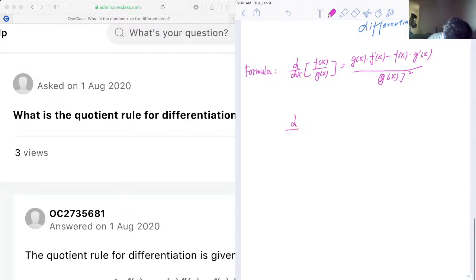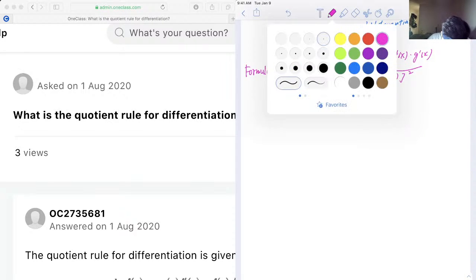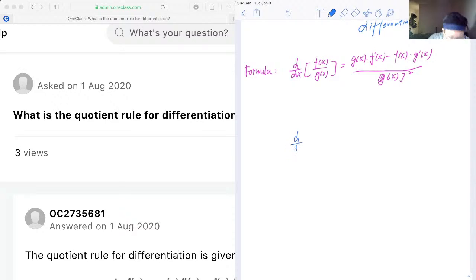So d dx of e to the x over x squared. So we need to find the derivative of e to the exponent of x over x squared.